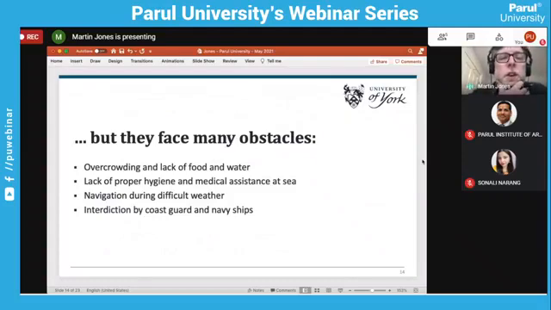Brought them ashore in response to the overcrowding, lack of food and water that they face, the lack of proper hygiene and medical assistance. I mean, being at sea for months is grueling on anybody, let alone in overpacked conditions. Brought them ashore in response to the challenges of navigation and, for that matter, survival on the high seas for such a length of time, and obviously in response to the interdiction by coast guards and navy ships.